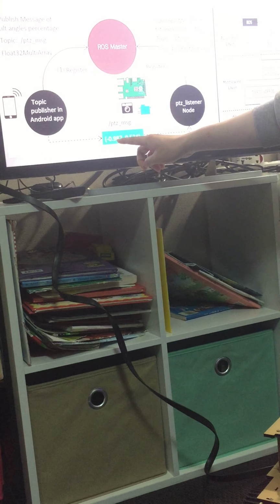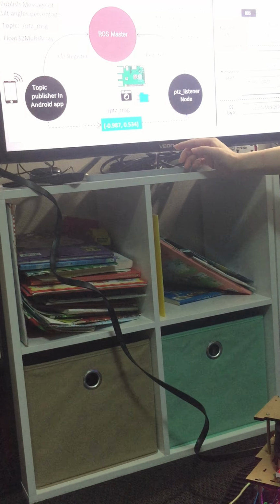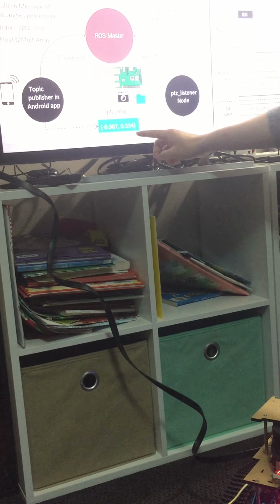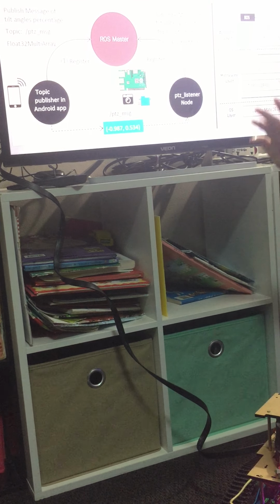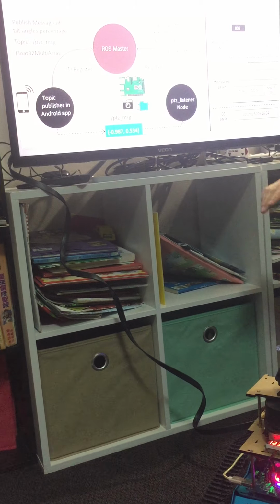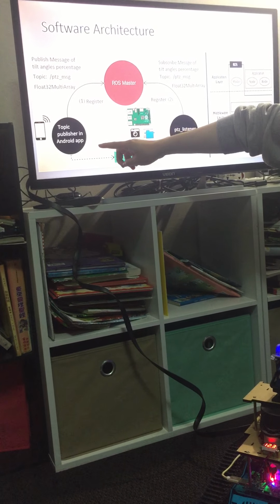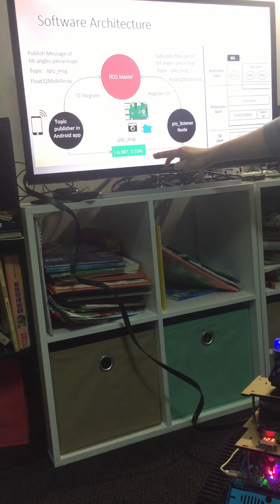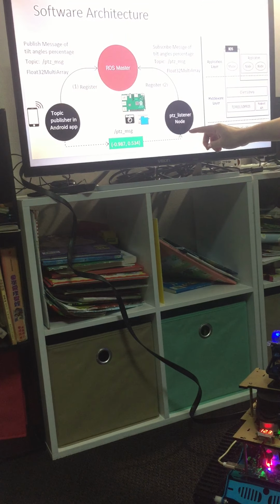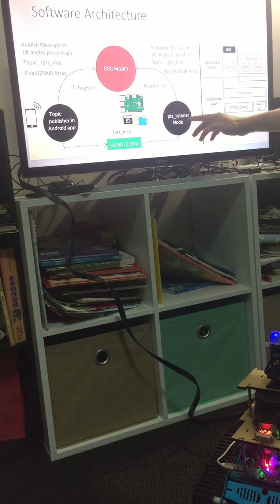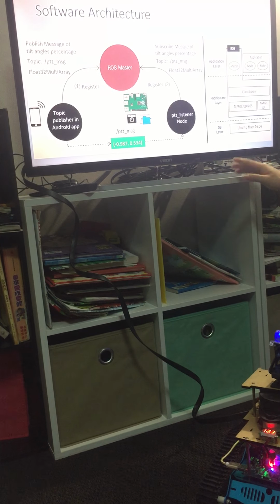As you can see, minus 0.9 means 90% to the left, and 0.5 is for the up and down tilt, which is half of the tilt range. My Android application is a publisher. It will publish this kind of message, and it will go to my robot, and my robot will receive the message and know how to tilt up and down or left and right.